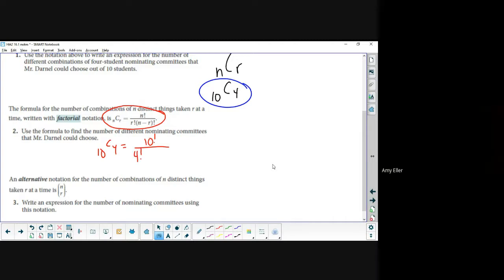So that's 4 factorial, parentheses, n minus r, so 10 minus 4 factorial. So if I were to simplify that, that'd be 10 factorial over 4 factorial, 6 factorial.